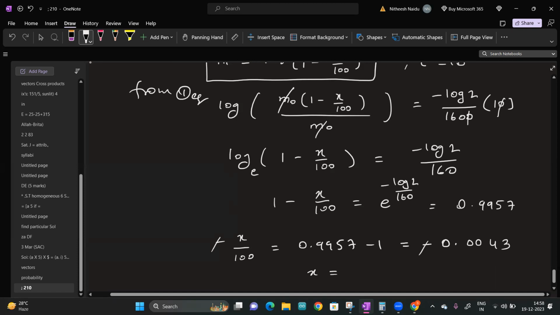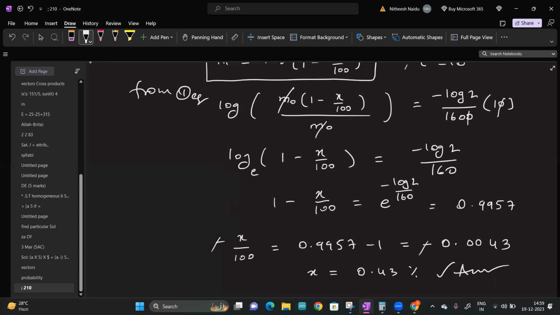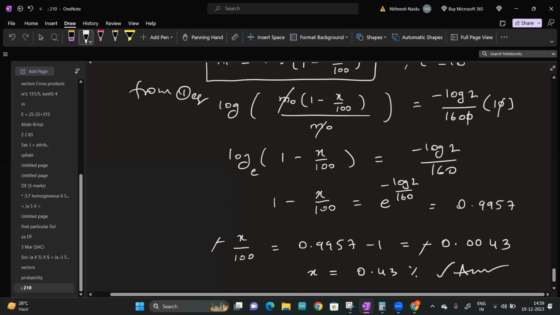X is equal to how much percentage left? 0.43. So 0.43 percent of the substance is left. This is the answer. Understood, everyone? Shall we move to the next question, 13?